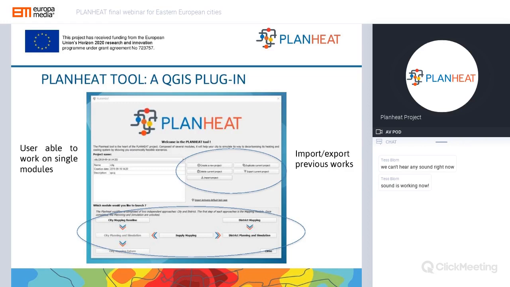So this is how the QGIS plugin is explained, as the user is able to work on single modules and then import or export previous work so that the information will not be lost in the middle.